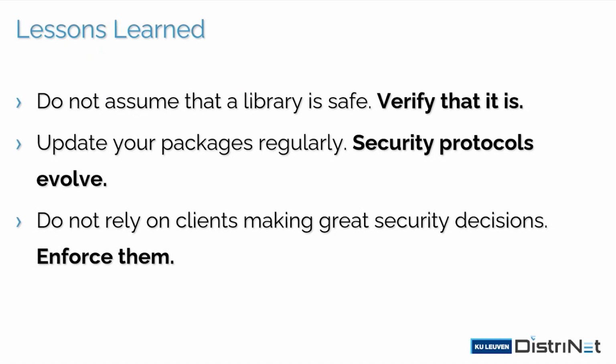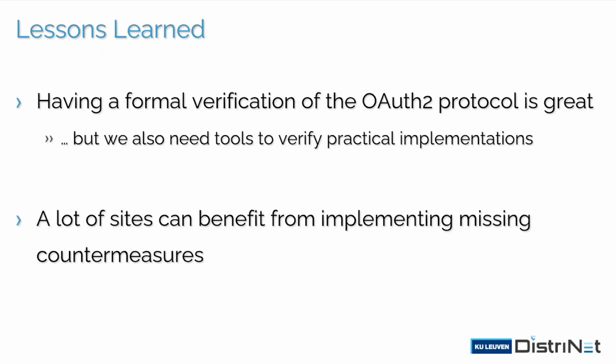Some clients have countermeasures, but many of the clients don't follow the specifications correctly and don't use countermeasures. So if you are implementing a new OAuth service, make sure that all these countermeasures are required, right? That you actually need clients to use them, or otherwise it simply won't work.